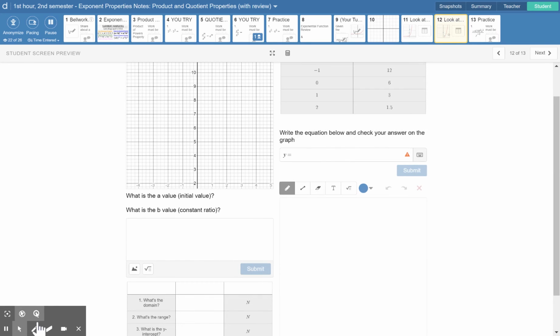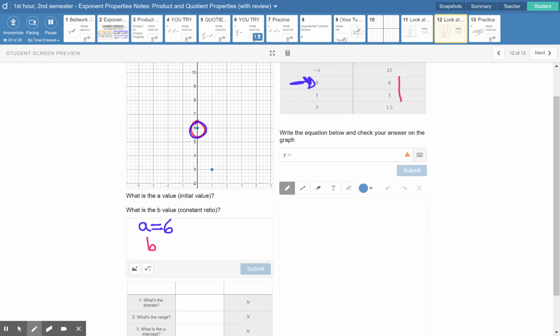And then for number 12, same idea. Once again, we're going to begin at 6. That's our y-intercept. Our b value is from the table.